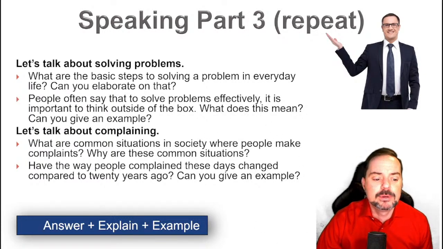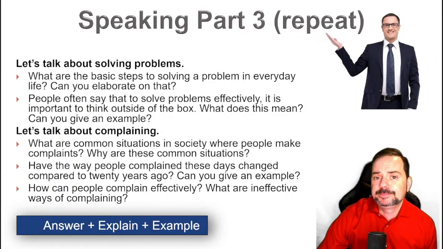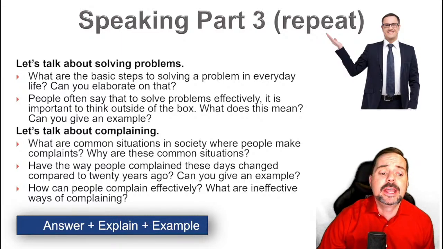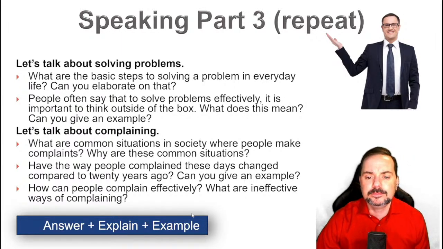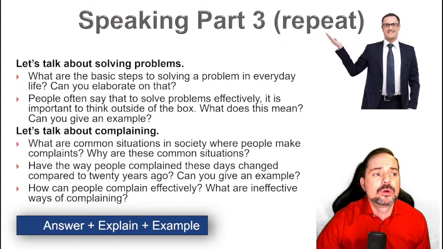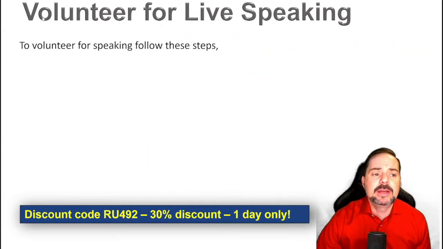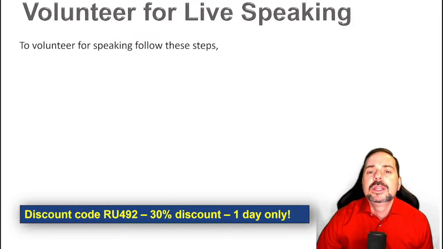Can you give an example? How can people complain effectively? What are ineffective ways of complaining? So these are our questions for today, students. And again, remember that you want to be able to answer, explain, example. Every time, think about answer, explain, example.